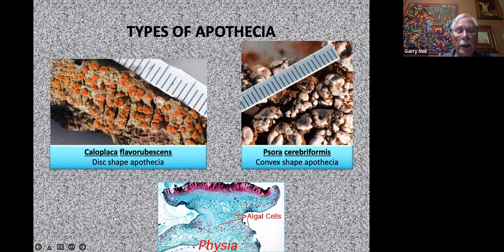But as soon as you cut into it, as you see here in the lower photograph, the purple area you see on top is the stained area where the asci are that carry the ascospores. Here's that margin I mentioned on the outside. Now on this particular lichen, you can see a little white ring around each disc, and so that means this particular lichen has a margin. A lot of lichens do not have one on their disc.